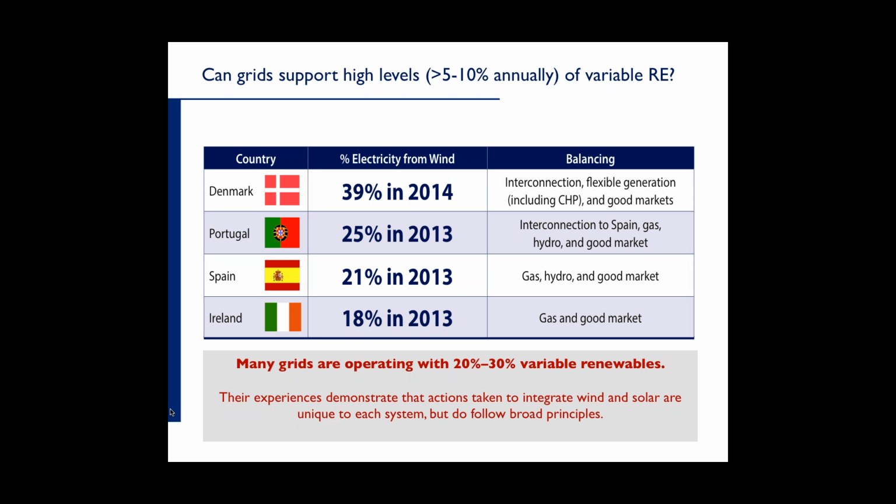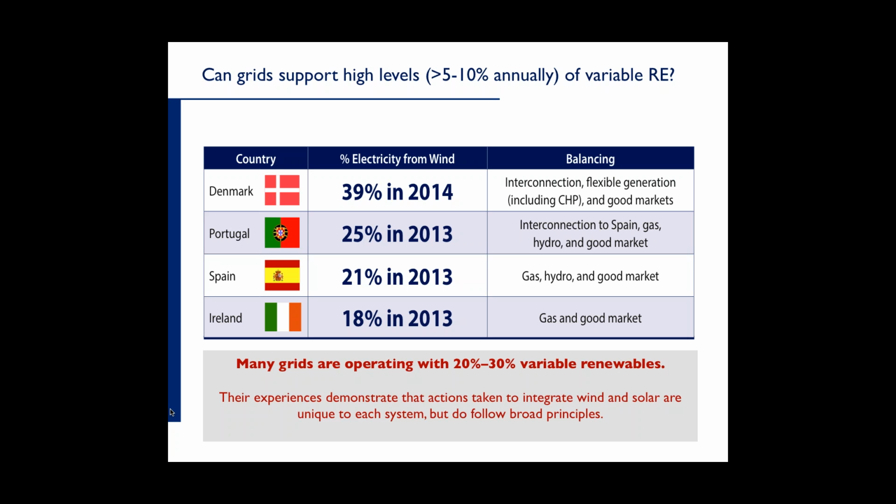Down at the bottom of this graph, you see Ireland, which is literally an island. It's an island geographically and electrically. And in 2013, the interconnection with Great Britain was not working. The pump storage was not working. And so this 18% annual penetration in Ireland was achieved with no interconnection, external market, or anything. Now, having said that, the Irish generation fleet has been designed to be fairly flexible because they know they cannot depend on other units.